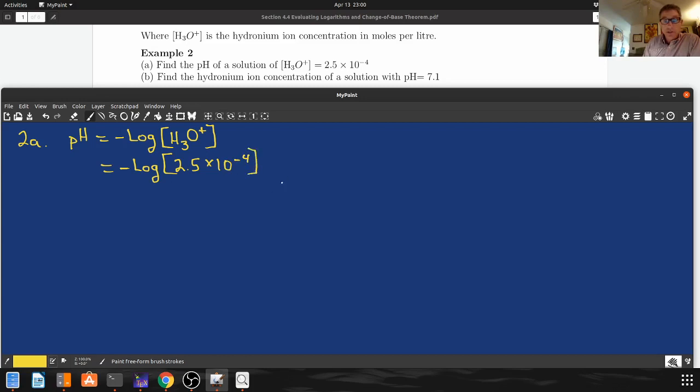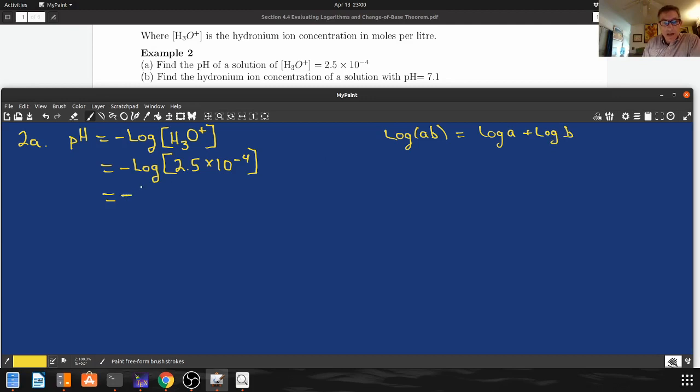So we're literally going to use properties of logarithms. Remember that the log of a times b is equal to log a plus log b. And that's how we're going to calculate this one.